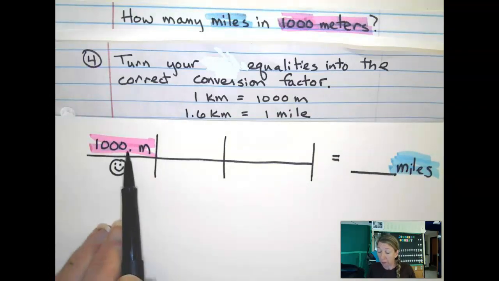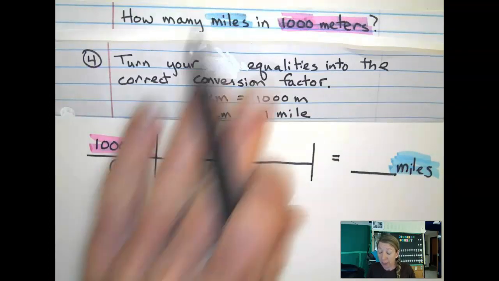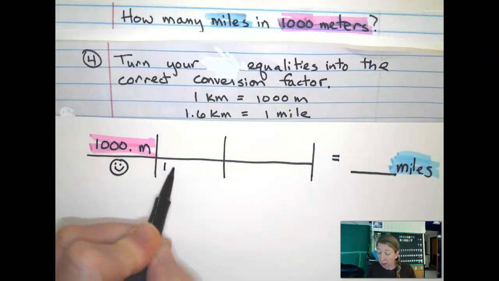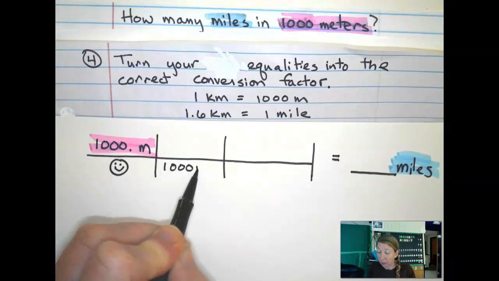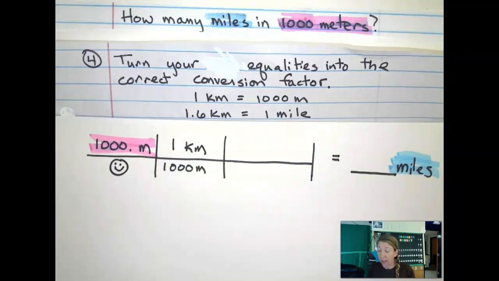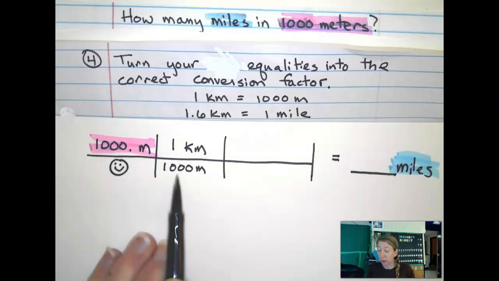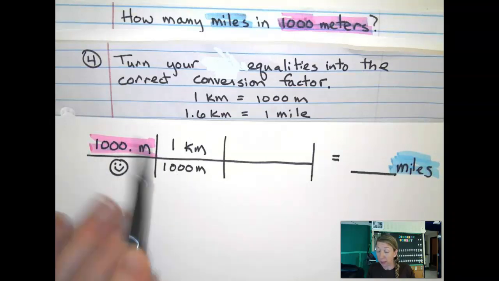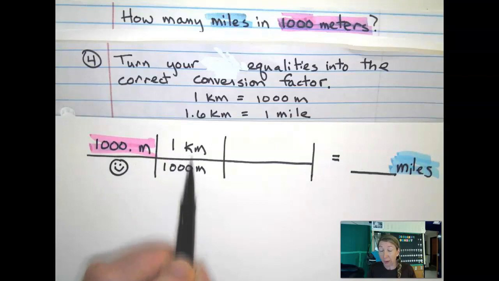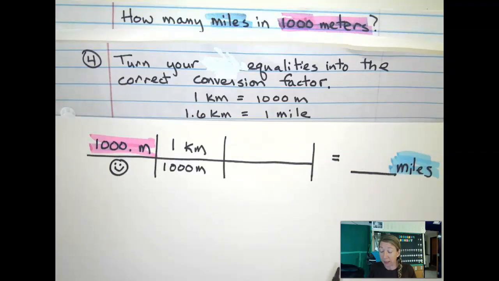So I'm going from meters to kilometers first. So 1,000 meters is the same as 1 kilometer. And this is just a coincidence that these two are the same. They don't have to be the same. This is just the amount we started out with. These two have to be the same quantity. Different units, but same quantity. That's the same distance.